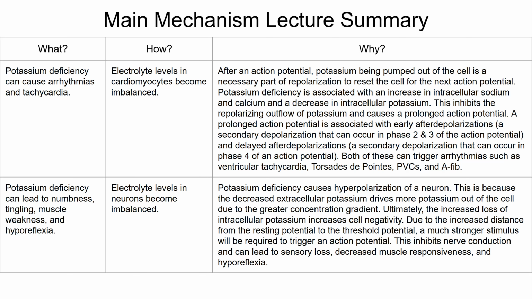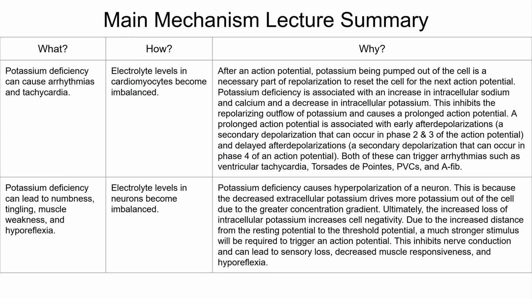A prolonged action potential is associated with early afterdepolarizations, which is a secondary depolarization that occurs in phases 2 and 3 of the action potential, and delayed afterdepolarizations, a secondary depolarization that can occur in phase 4 of an action potential. Both of these can trigger arrhythmias such as ventricular tachycardia, torsade de pointes, PVCs, and AFib.